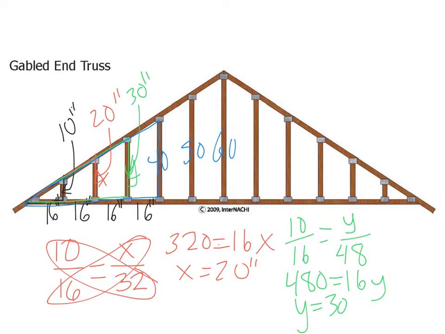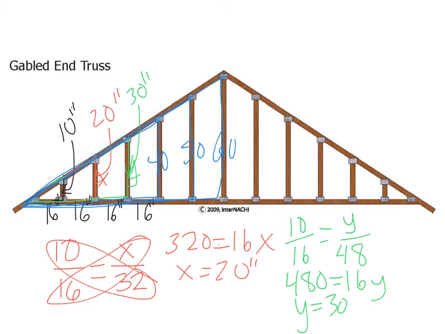In fact, all of them are similar to each other. I can keep drawing triangles all day, because it's my favorite. So I've got similar triangles in this awesome truss, and I can use proportions to find out the missing lengths.